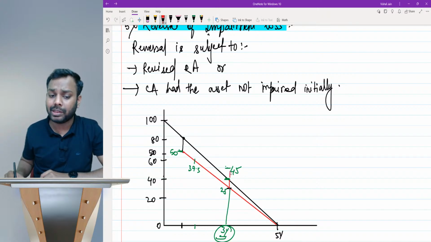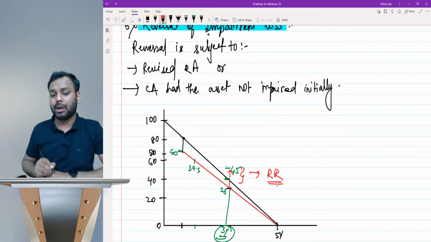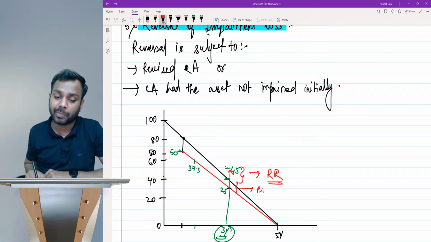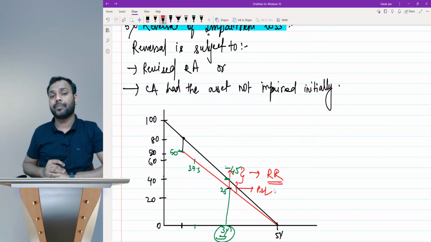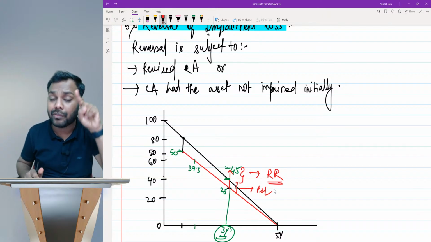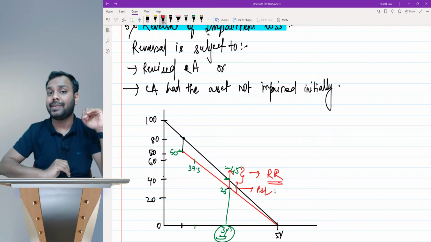You cannot go beyond this. If you want to go beyond, you can, but by following revaluation reserve. You can go through P&L only till this much. Meaning, you cannot reverse beyond the carrying amount had there been no impairment initially.